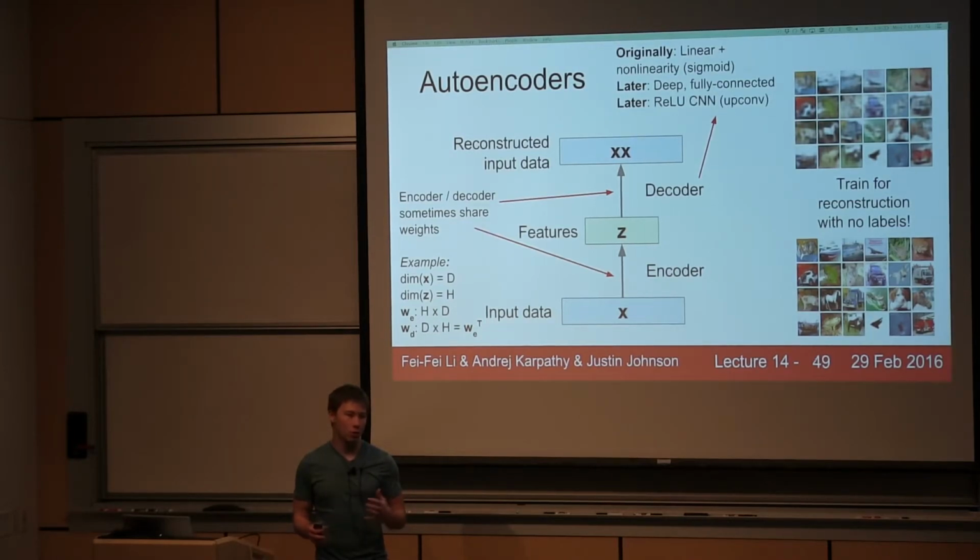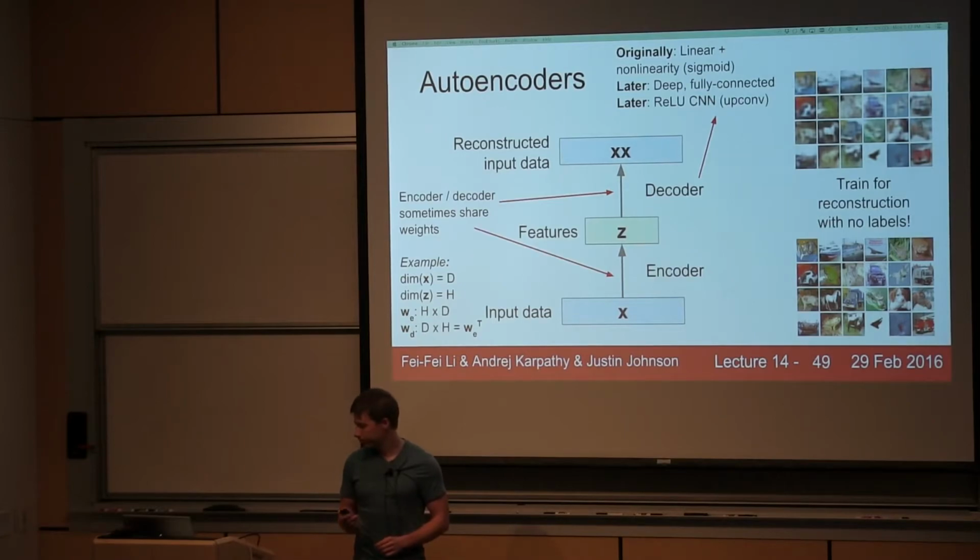And if this encoder was just a fully connected network, then the weights would just be this matrix of d by h. And now when we want to do the decoding and try to reconstruct the original data, then we're mapping back from h back to d. So we can just reuse the same weights in these two layers if we just take a transpose of the matrix.